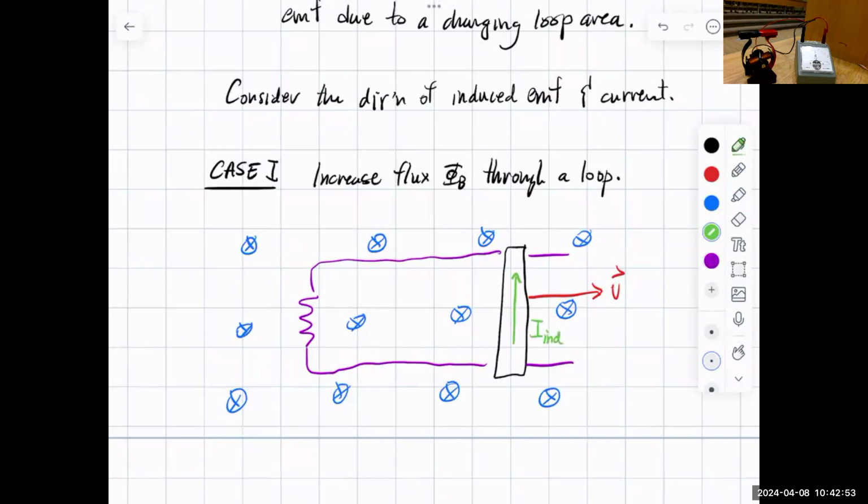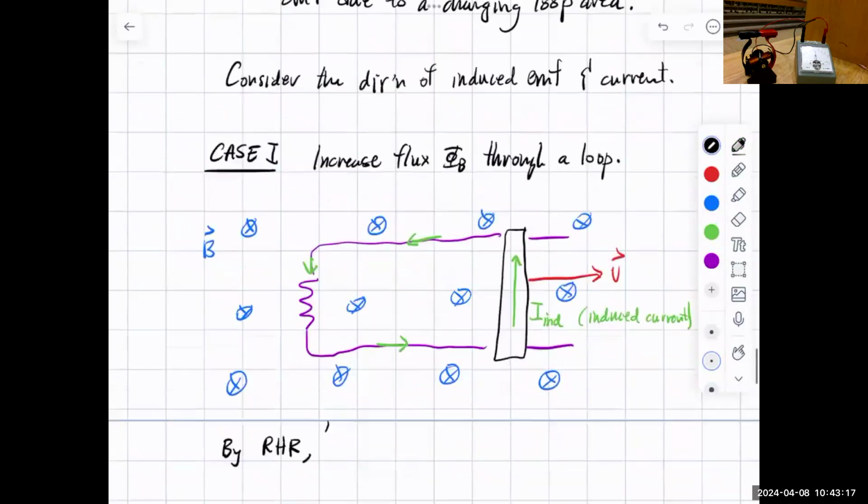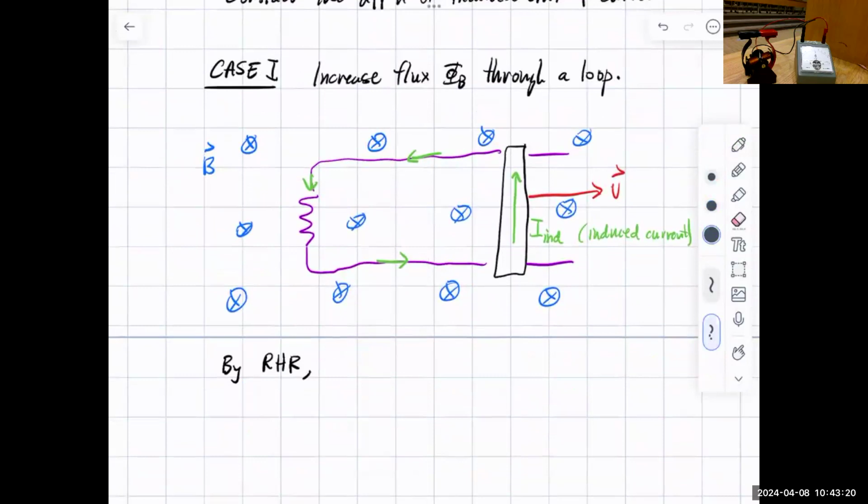So this is I induced, the induced current. Here's the magnetic field. And in this induced current, we'll go around like we drew before in the counterclockwise sense. So by the right-hand rule, the induced current in this case is counterclockwise.